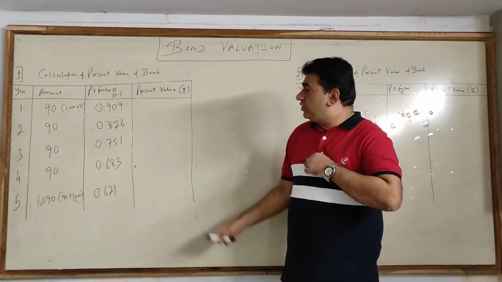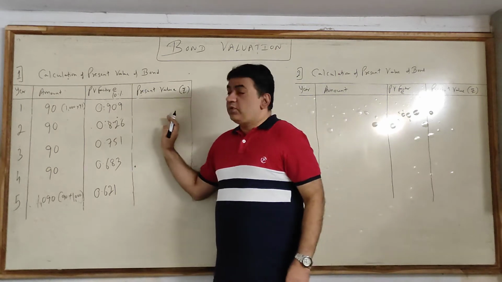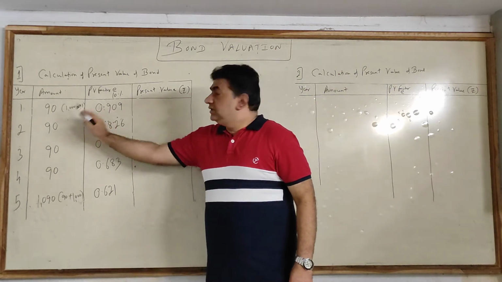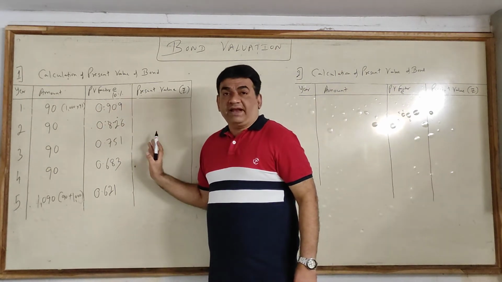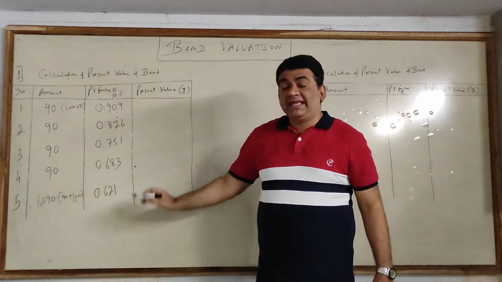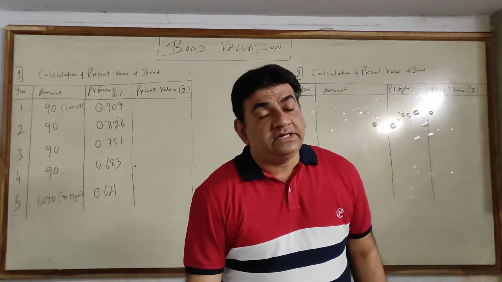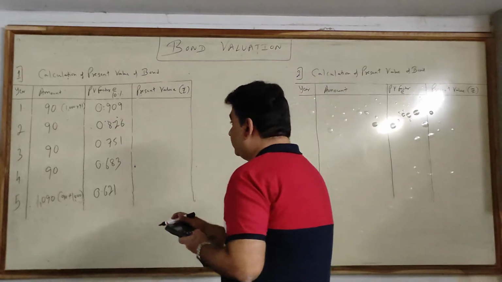Now, you all know this. Present value, what will you do? Multiply the amount by the respective factors, get each amount, and then take the total of the present value. Okay?